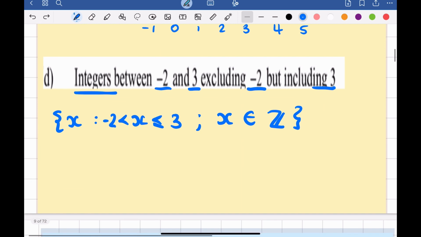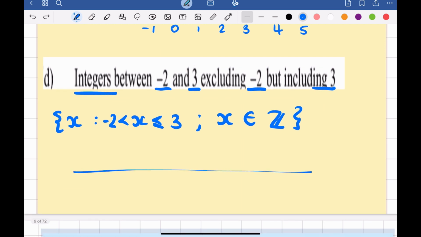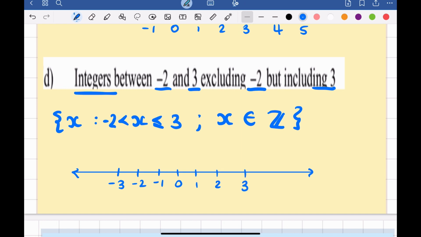The next one, D, says integers between -2 and 3, excluding -2 but including 3. So here we have to at least mark off from -3, -2, -1, 0, 1, 2, 3. And here we can include 3.